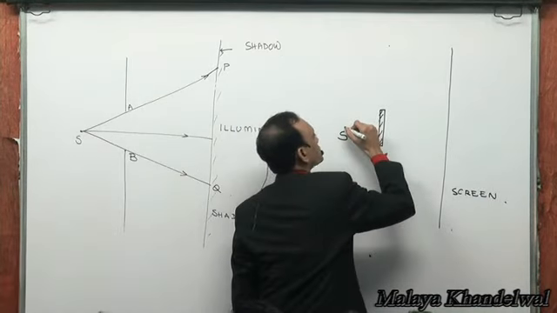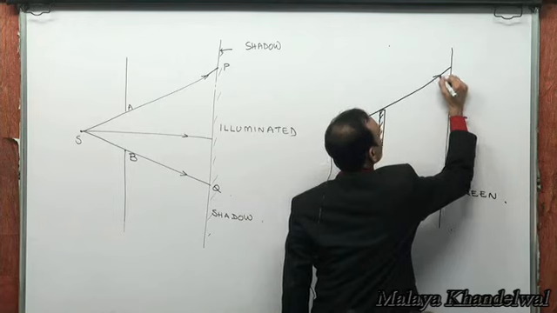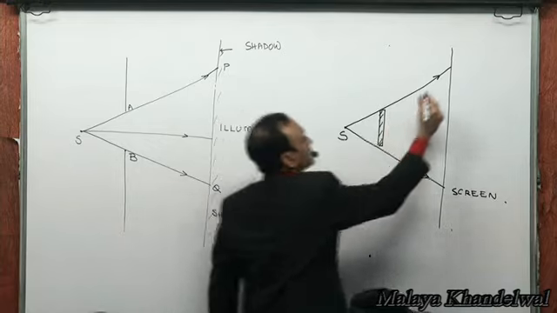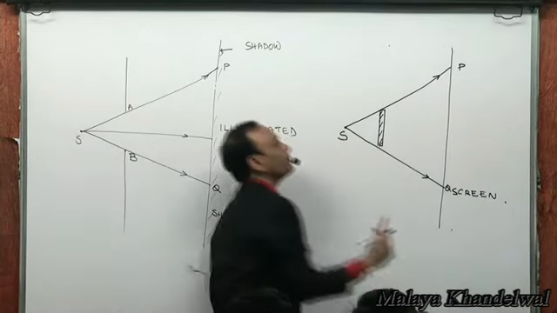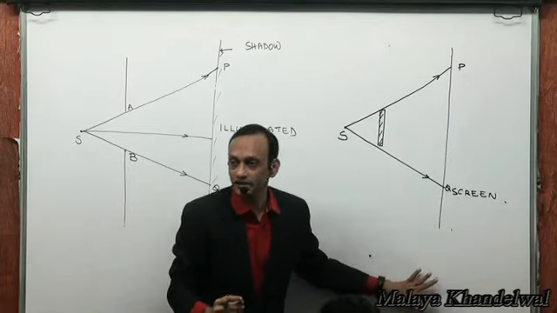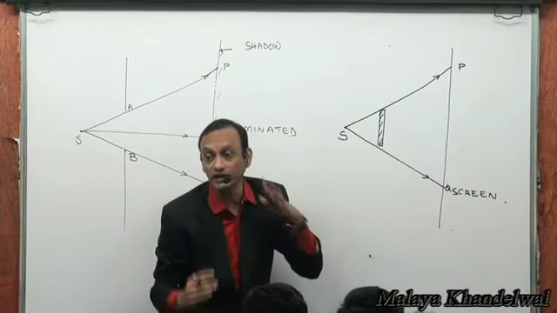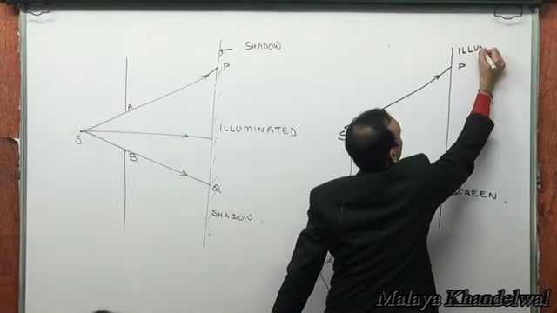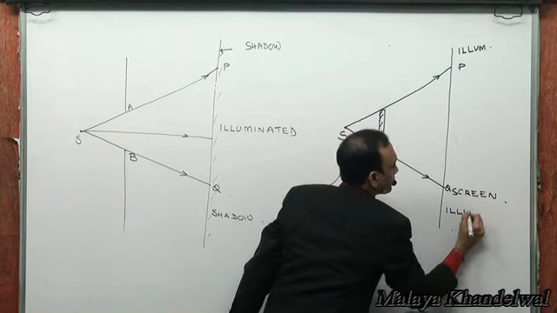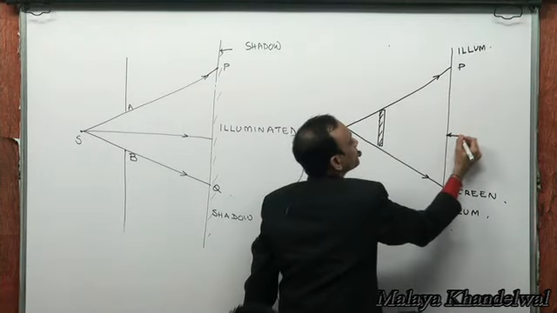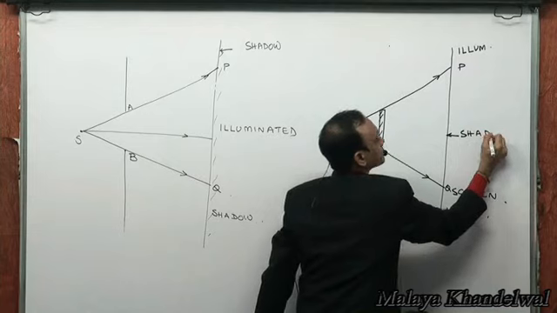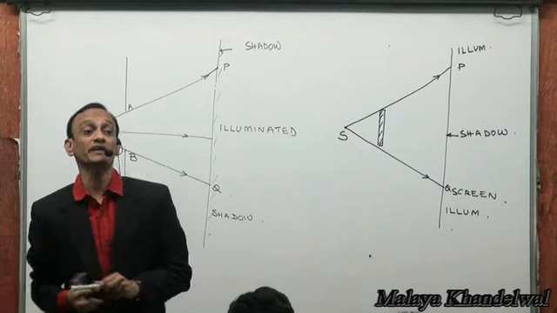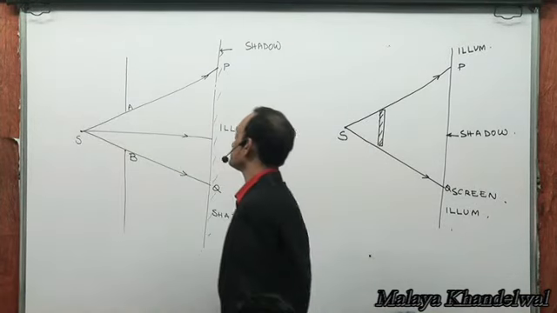Then rays of light coming from the source would get onto the screen, and the portion above P or lower than Q is going to be illuminated, whereas this is going to be the shadow region, as is suggested by rectilinear propagation of light.